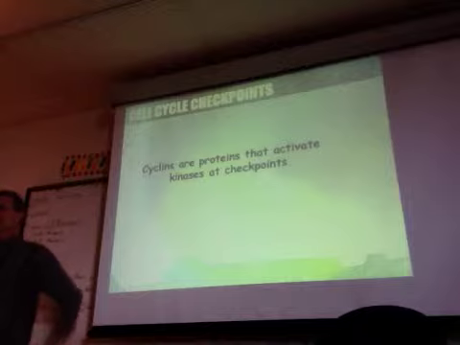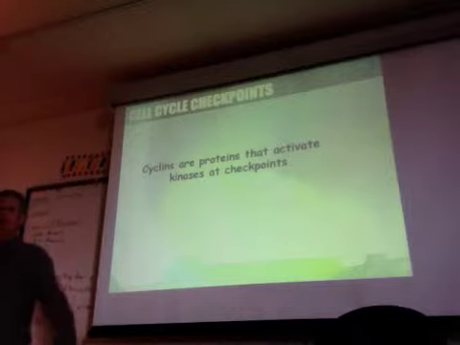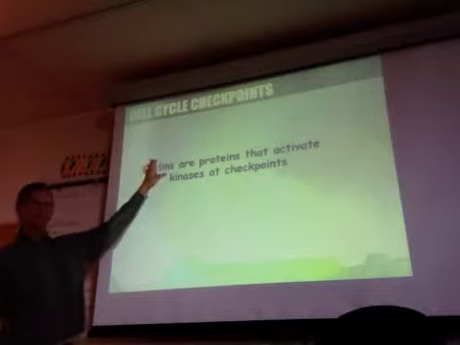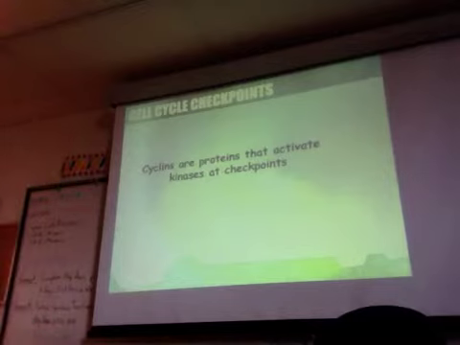That kinase will then continue the process or make changes. So a complex interaction occurs between cyclins and kinases to regulate the checkpoints. Those are really the key players that will either stop or fix the errors as you go through the checkpoints, if that makes sense to you.